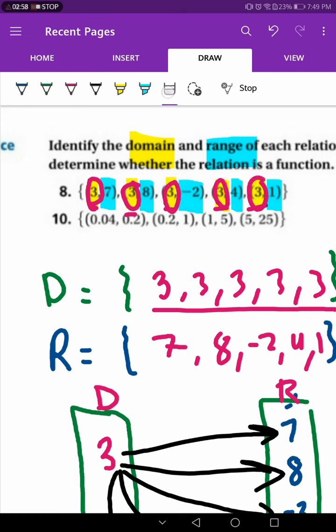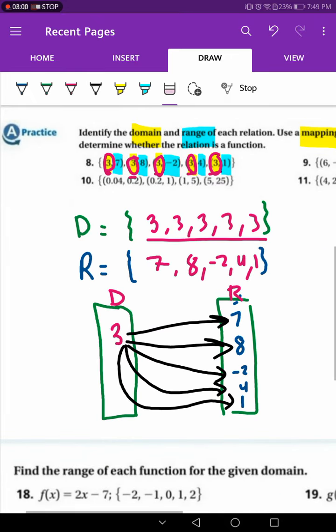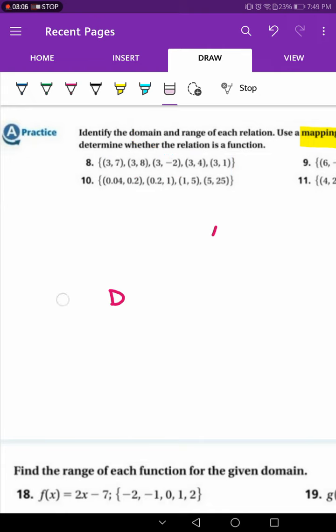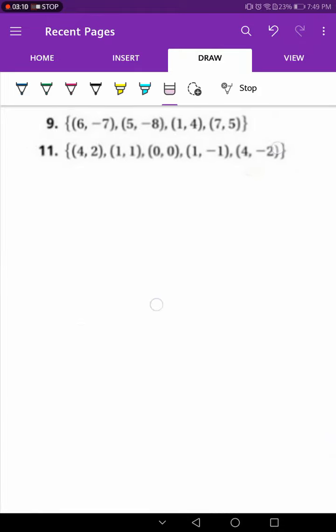Okay, let us take another example and your life will be happy, my dear students. Number 9. Okay, the domain is 6, 5, 1, 7.